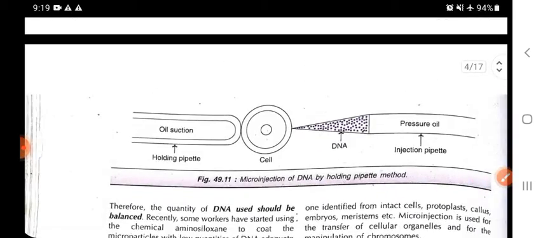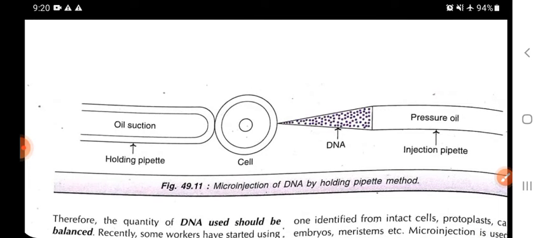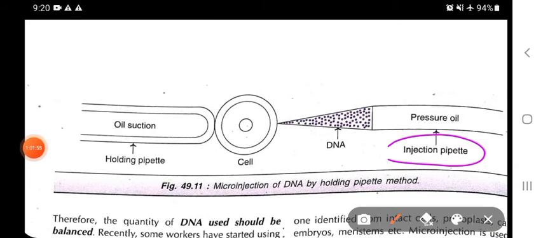This is a simplified diagram of microinjection, where we can see there is an injection pipette. This is actually a micropipette. Within this micropipette we have our desirable DNA, and it is trying to introduce that DNA into the target plant cell or animal cell.